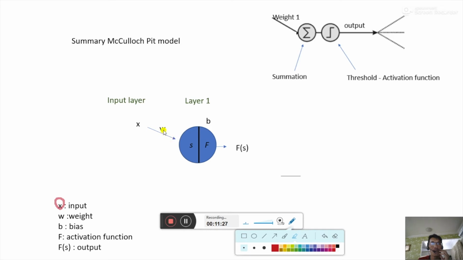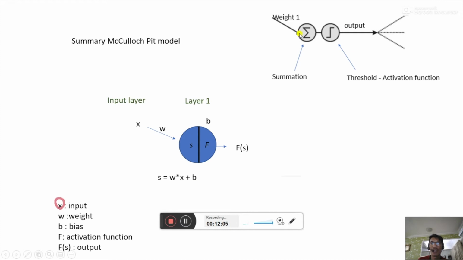Now W is a weight, and S is called the summation. So this is how it is: you have a summation, you have an activation function with the weight, and you have an axon.